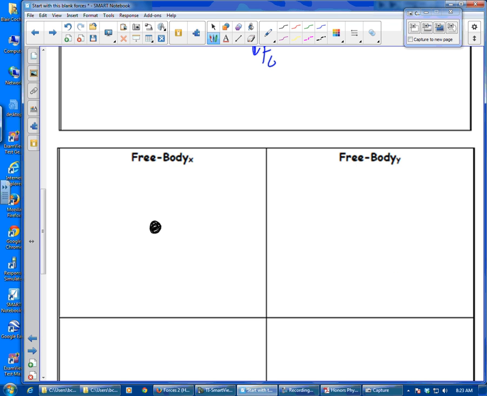We would have F T2 cosine 30 degrees and F T1 cosine 60 degrees.